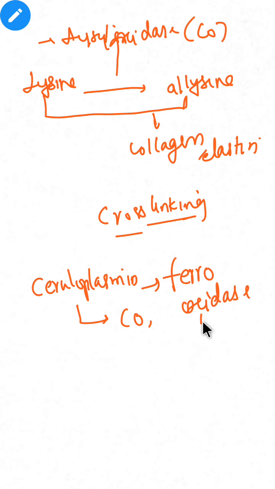What this ferroxidase does is convert the ferrous form to the ferric form.